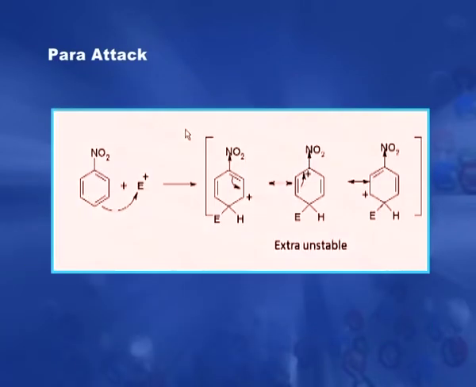Now, para attack. In this again we get one resonating structure which is extra unstable. Here again the positive charge comes on the carbon which is next to the nitro group. So, due to the presence of the nitro group, this intensification of positive charge takes place, due to which this structure becomes extra unstable, the contribution towards resonance decreases and the activation energy increases.